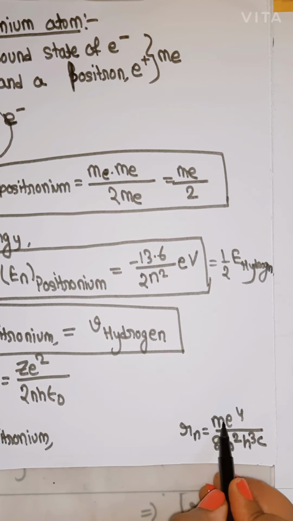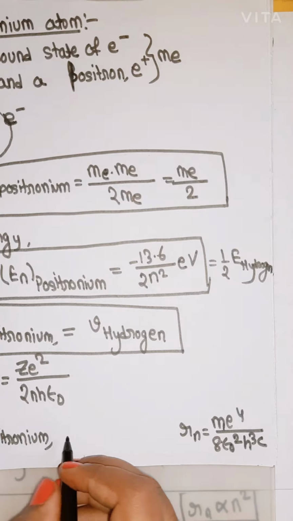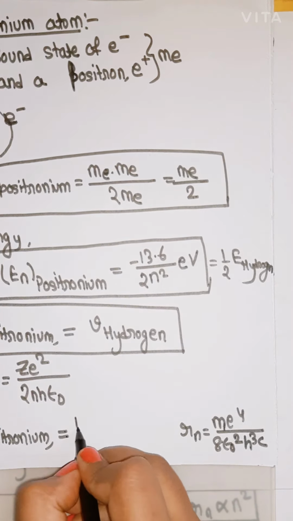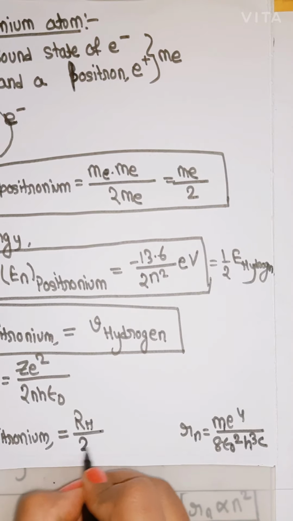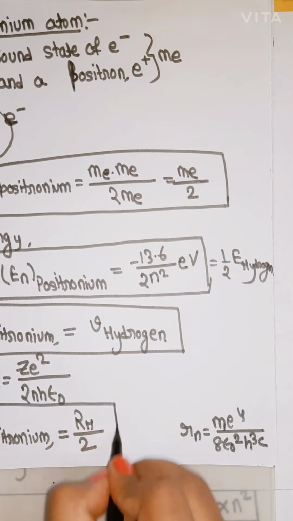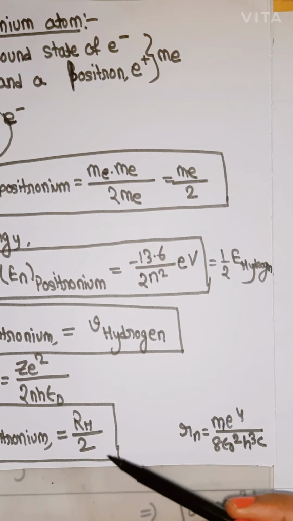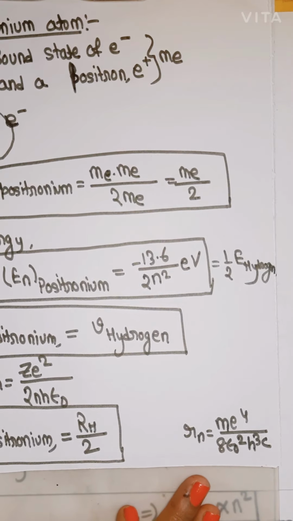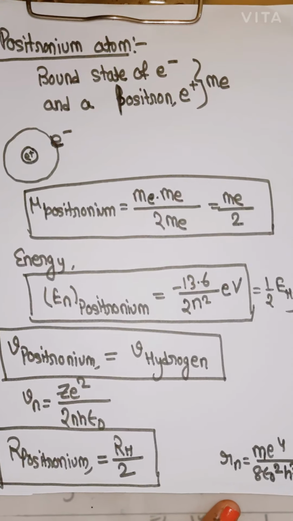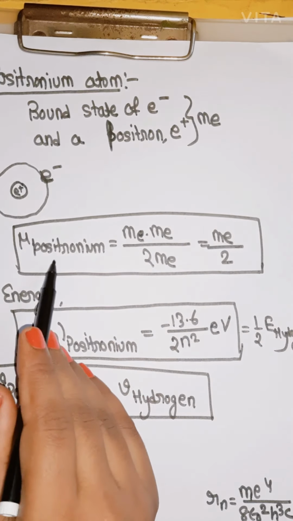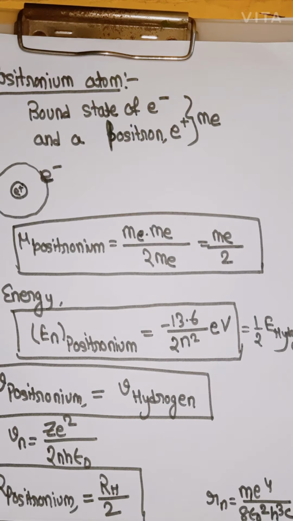Here we see that it depends on the mass, that is directly proportional to mass, so R positronium will also be equal to half of the radius of the hydrogen atom. Velocity remains unchanged, radius is half of that of the hydrogen atom, energy is also half of that of the hydrogen atom, and reduced mass, that is the mass of the positronium, is half of the mass of the electron.